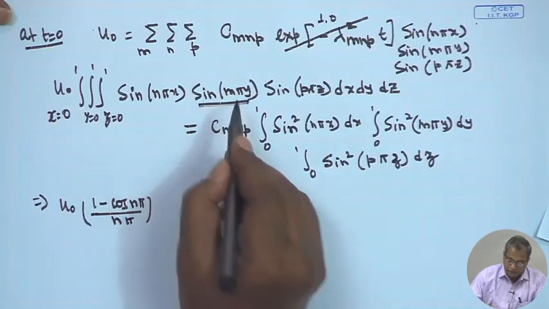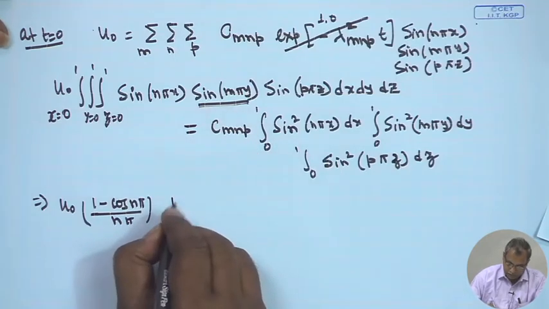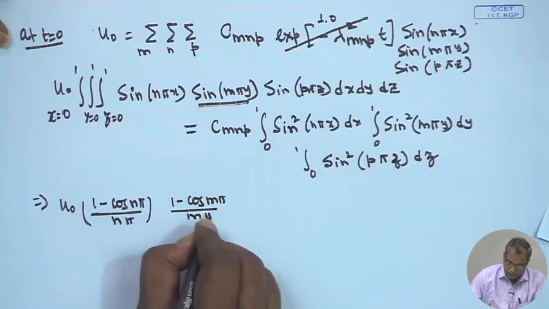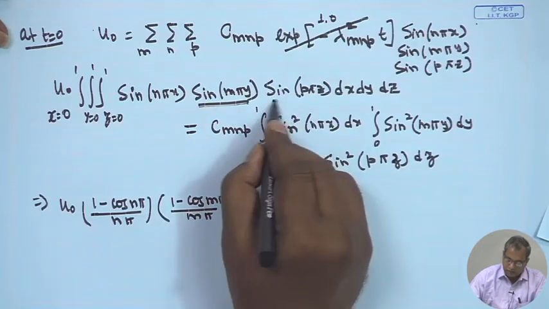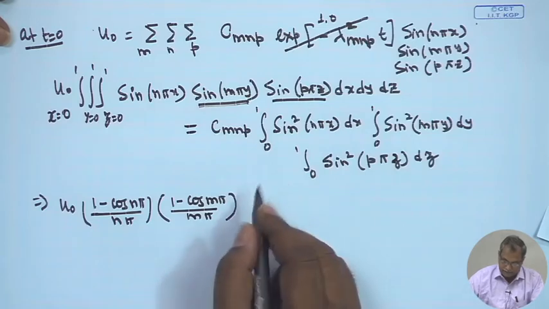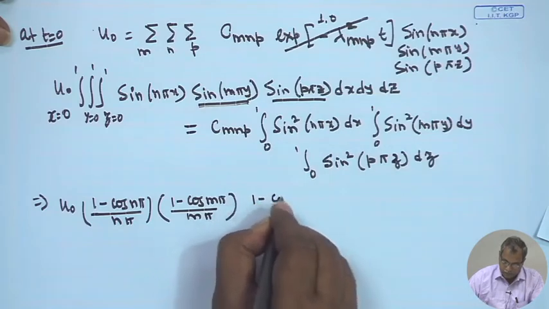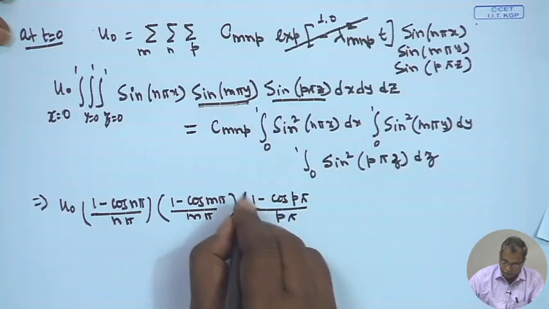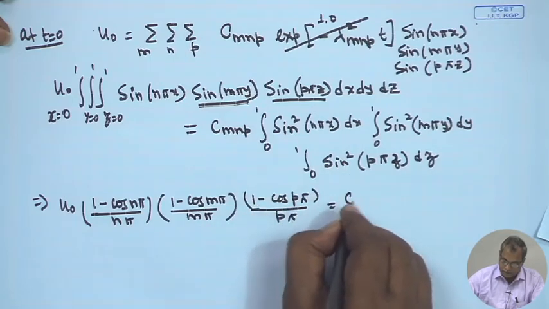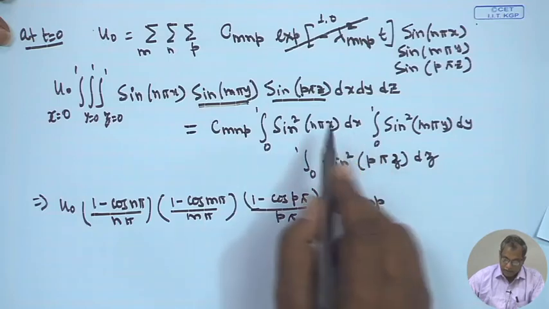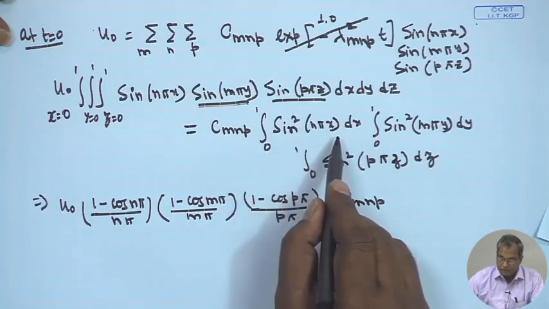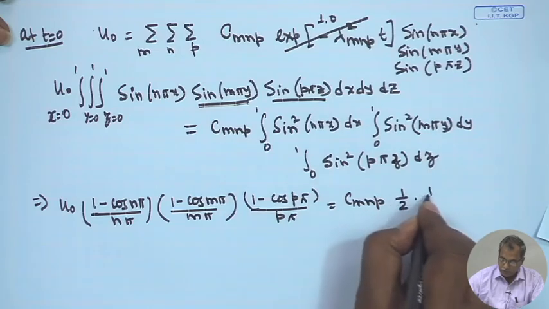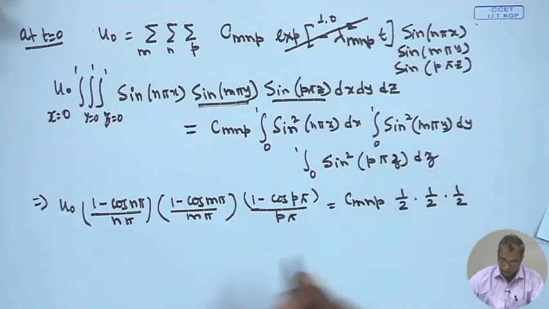The second, integral of sin m pi y dy, is 1 minus cosine m pi over m pi. The third, integral of sin p pi z dz, is 1 minus cosine p pi divided by p pi. The integral of sin square we have already seen is half, so we get 1 by 2 into 1 by 2 into 1 by 2.